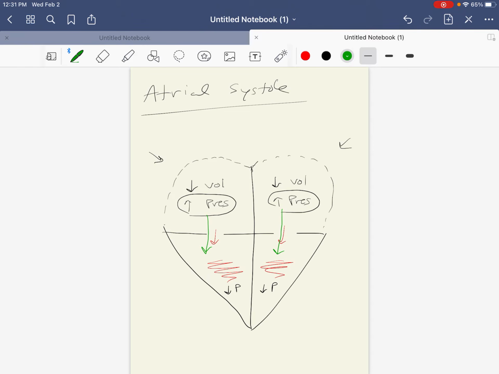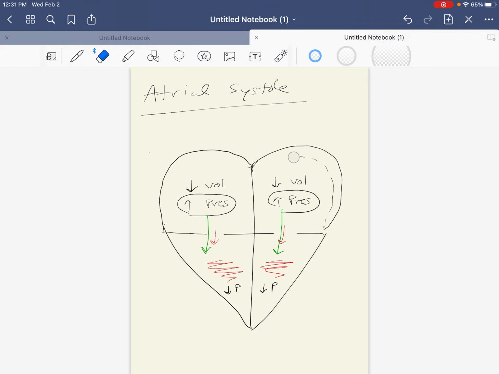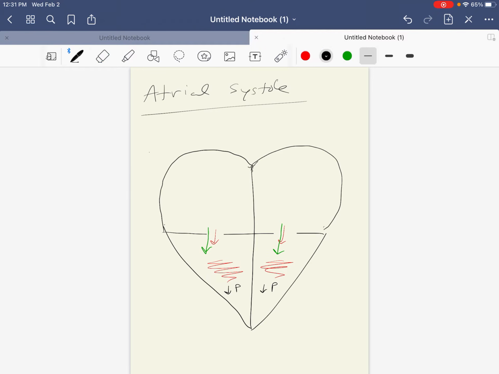Good. Now, at the end of atrial systole, once there's no longer atrial wall contraction, the atria will return to their original size. Once the atria return to their original size, now we have increased the volume.